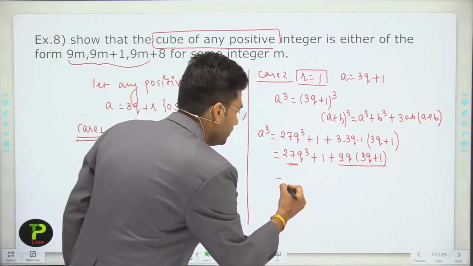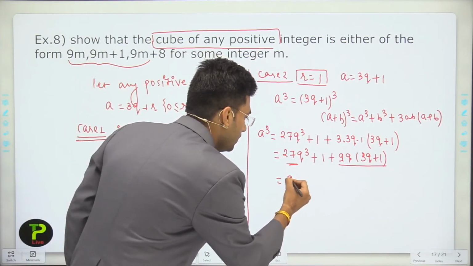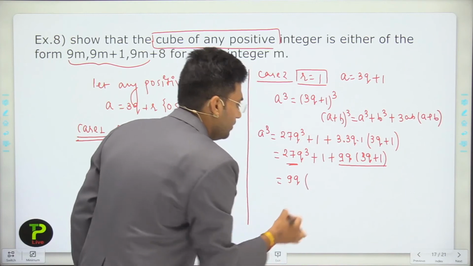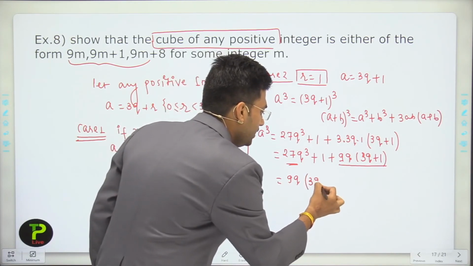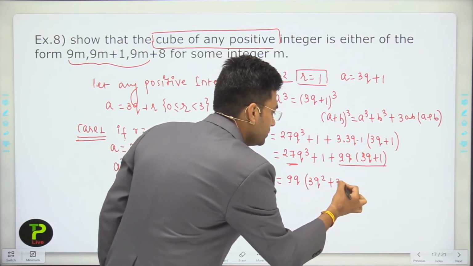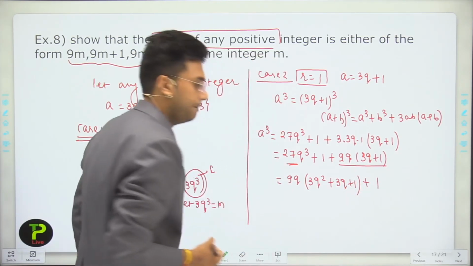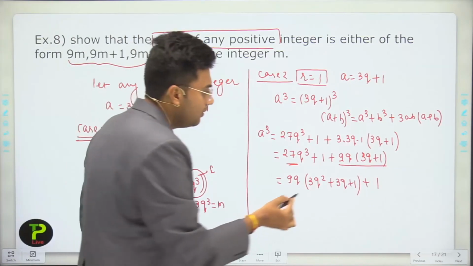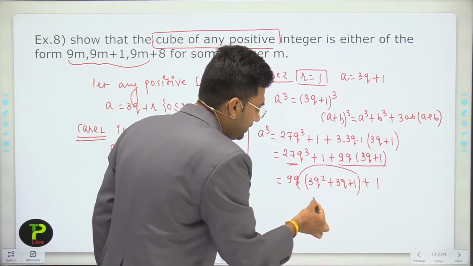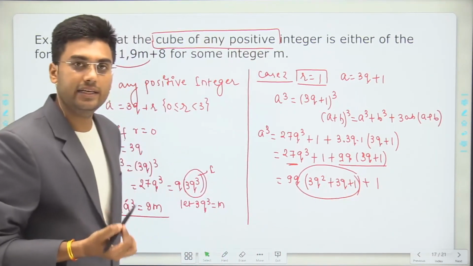So it is equal to 9q multiplied by 3q square plus 3q plus 1, plus 1. Okay, now we can assume this complete term as an integer.